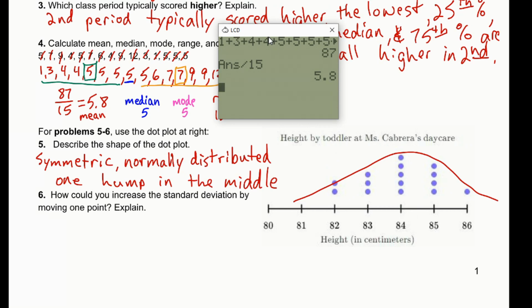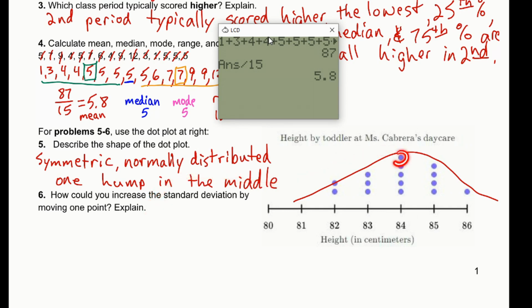How could you increase the standard deviation by moving 1 point? Well, remember, standard deviation is a measure of spread. How spread out is that data? We need to spread the data out more. So if we take a point from the mean right in the middle and move it way out here, that will spread out the data.